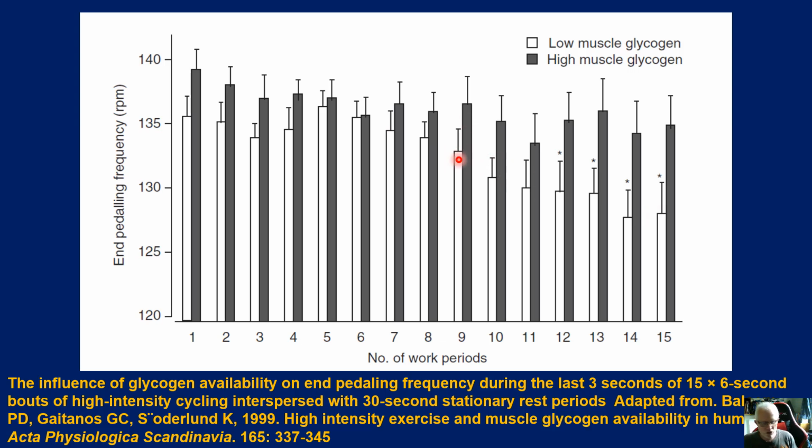This is a real eye-opener for us in understanding the connectivity between high-energy phosphates, which you think are the predominant substrate here, and having the muscle glycogen to support that. And this is a real indication of a fatigue-based response when glycogen becomes limiting.